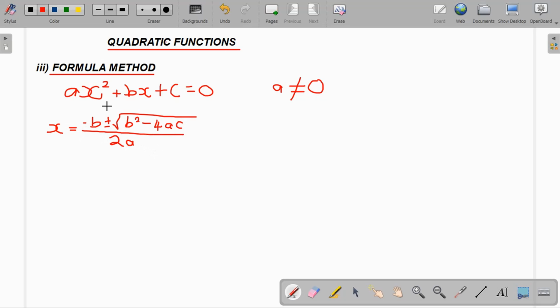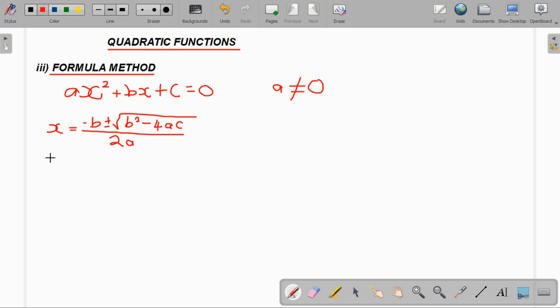This is the formula that we use, which is why it's called the formula method, when solving quadratic functions.